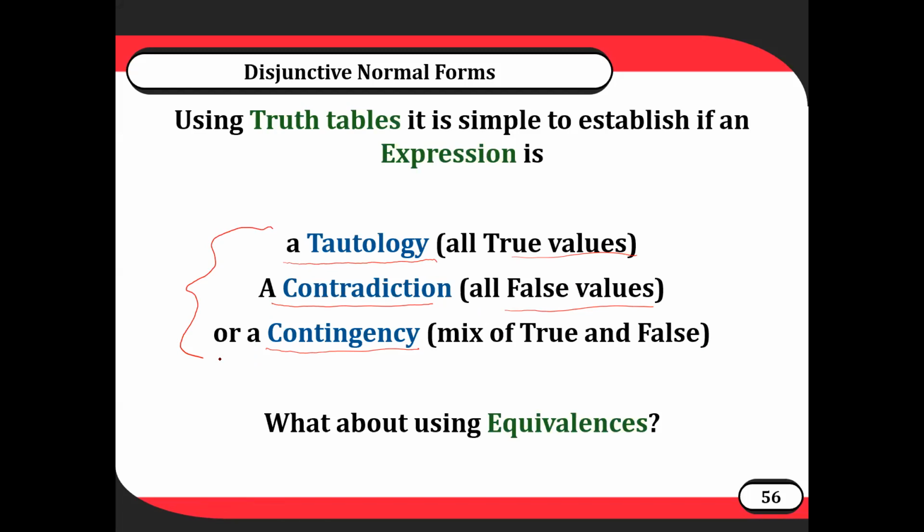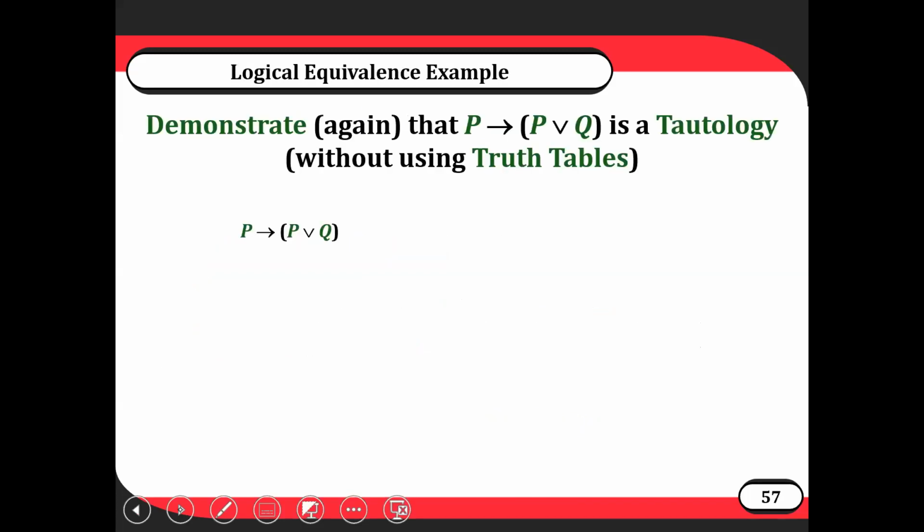Equivalences are a little bit more difficult at first, but once you get used to them, they can be easier than a truth table, which can get really large if your expression is large. So let's demonstrate that P implies P or Q is a tautology without using truth tables. We're going to use logical equivalences and show that this is equivalent to true.